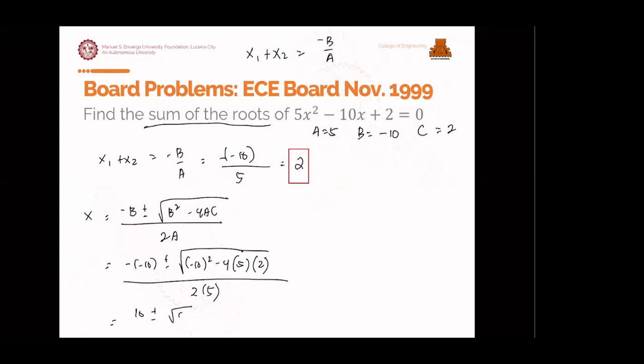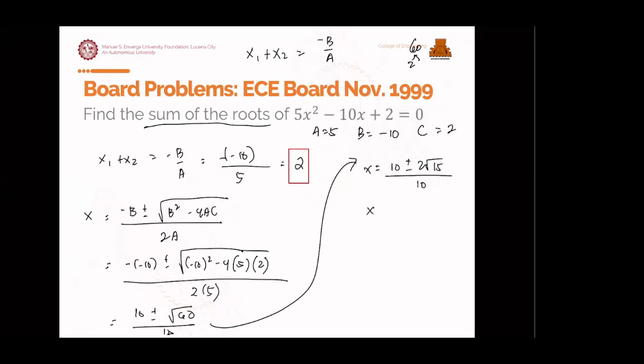Over 10. And then, pwede natin pang i-simplify ito. Yung square root of 60, pwede siya maging 2 square root of 15. So, 10 plus minus 2 square root of 15 all over 10.